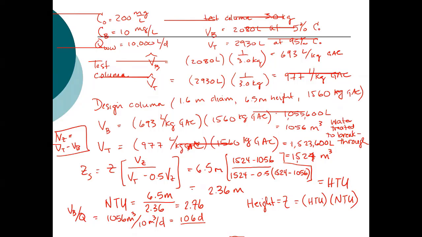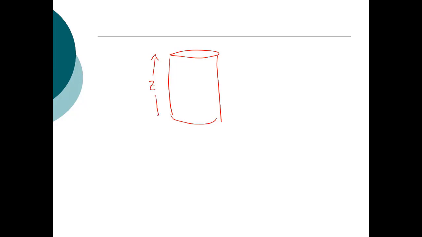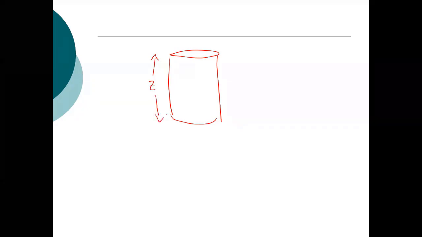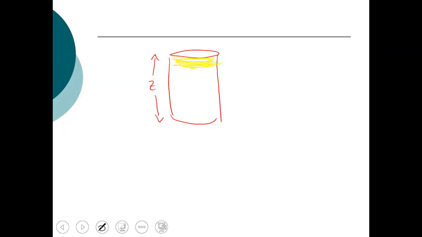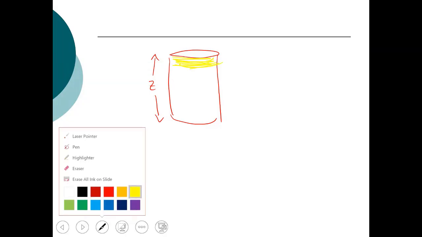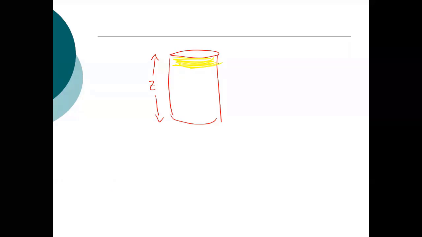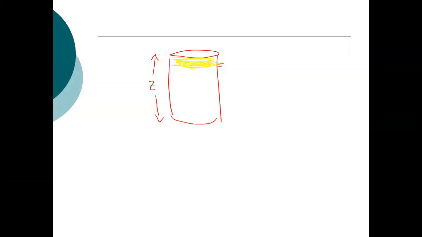like distances, I guess you would have in one, or is that an actual? Okay. So let's just go here. If this is the column here, so this is the height of the column. And when we talk about the transfer units, if I had a sampling port here, so this would be the height of a transfer unit.